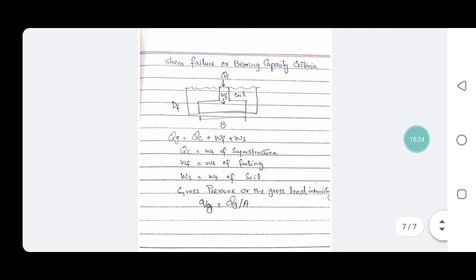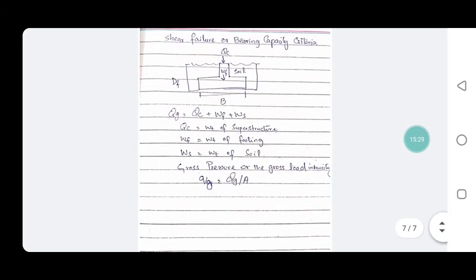Shear failure or bearing capacity criteria. As we have discussed before, we will use two criteria to design a foundation. So here is the first criteria: shear failure or bearing capacity criteria. In the figure you are seeing one foundation. On the top it's QC. This is a type of dead load which is coming from superstructure to the foundation, and WF is the weight of foundation, and DF is the depth of foundation, and above this foundation it's a soil.